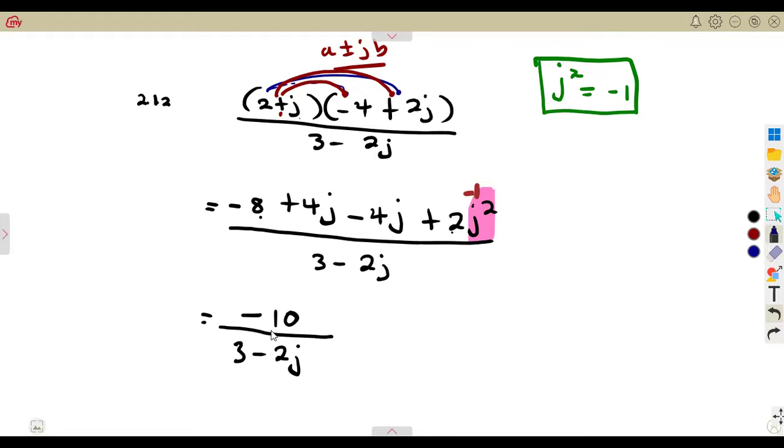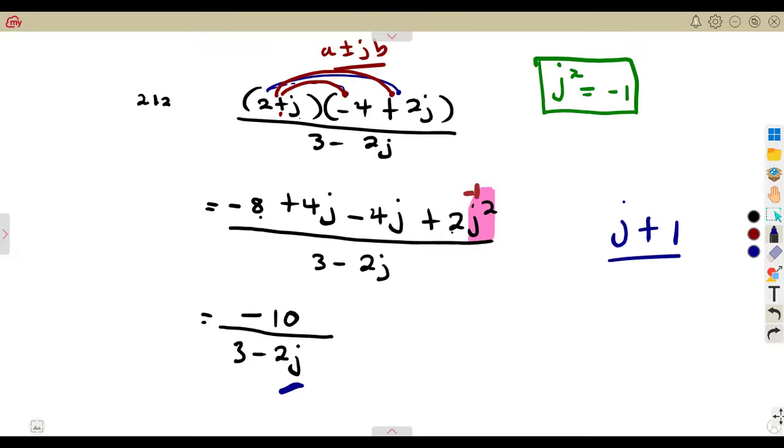The denominator is not allowed to remain with this J. The imaginary term is not allowed in the denominator. In your simplification, the imaginary term can be in the numerator, which is fine, but the denominator must have a real term.